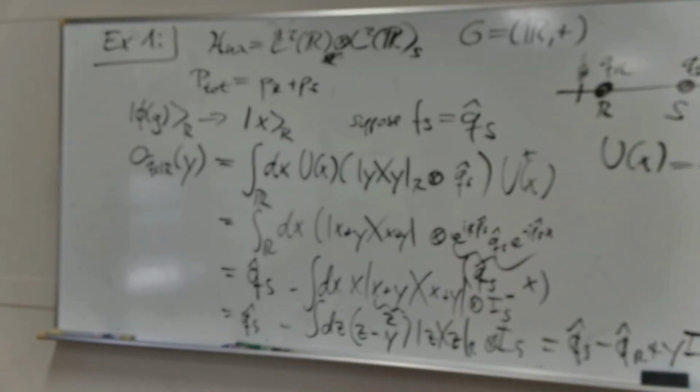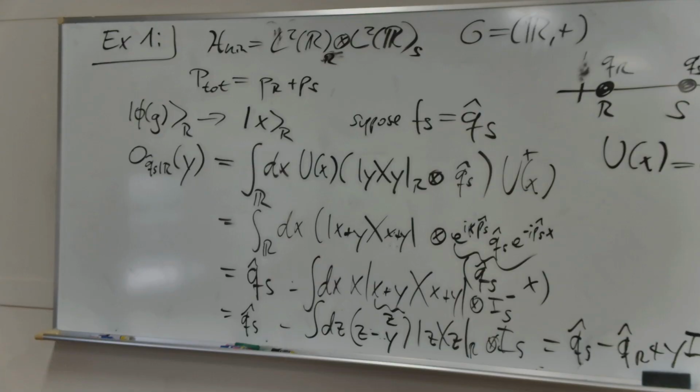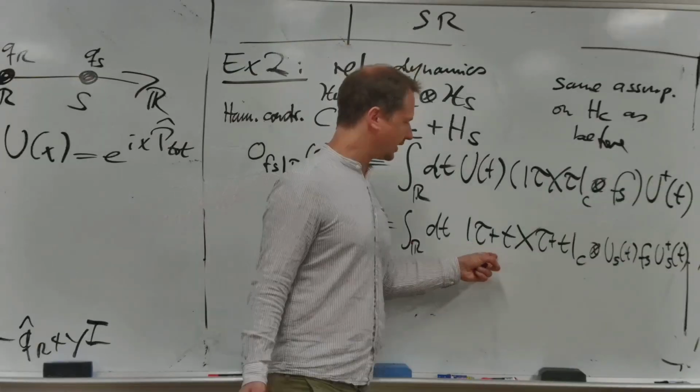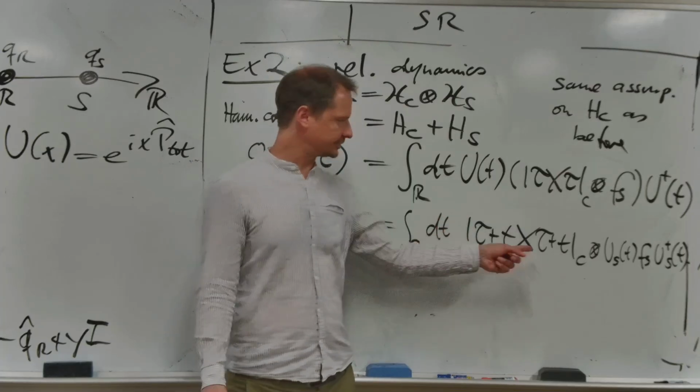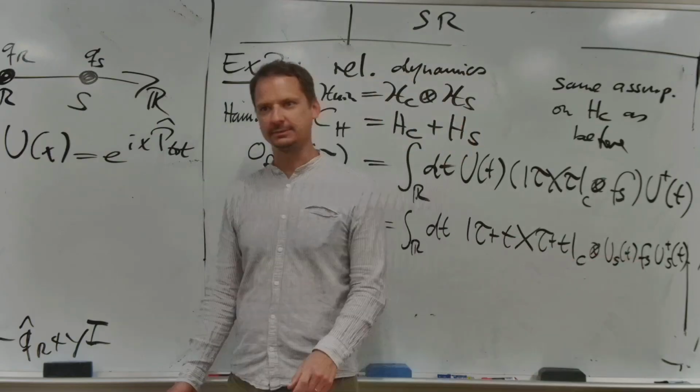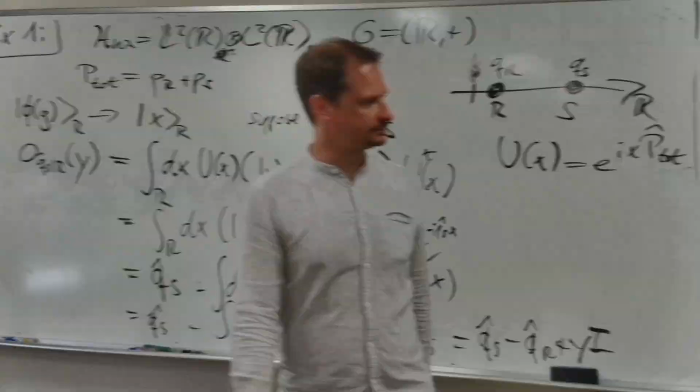The clock states are the same ones that I defined before, using the energy eigenstates, if you remember. I showed that those clock states are covariant, so I'm just using that covariance here. And then I still have to transform the system observable.